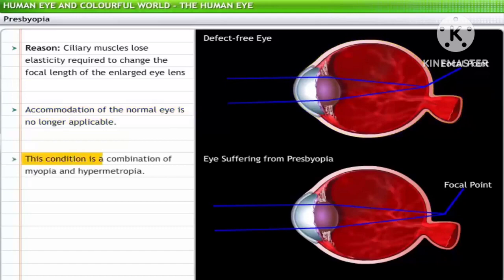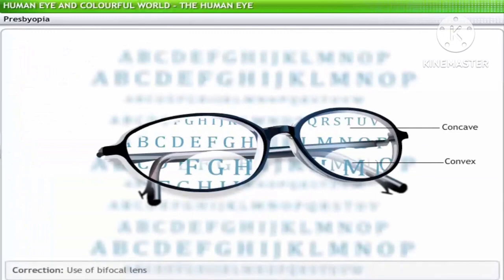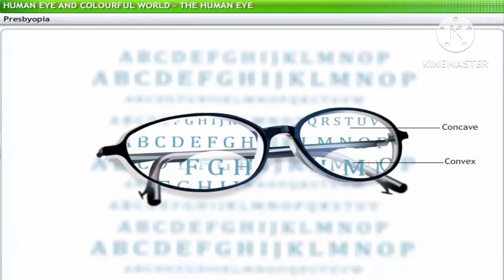This condition is a combination of myopia and hypermetropia. To correct presbyopia, a bifocal lens is used. In a bifocal lens, the upper part is a concave lens to correct myopia, and the lower part is a convex lens to correct hypermetropia.